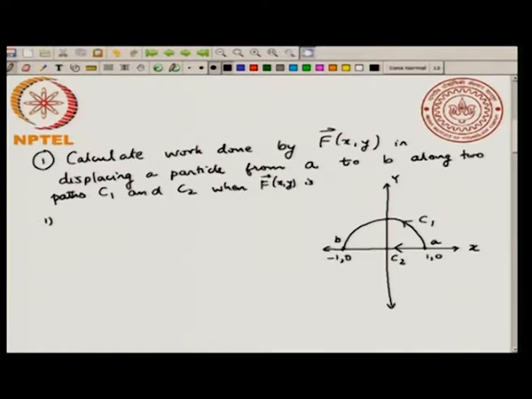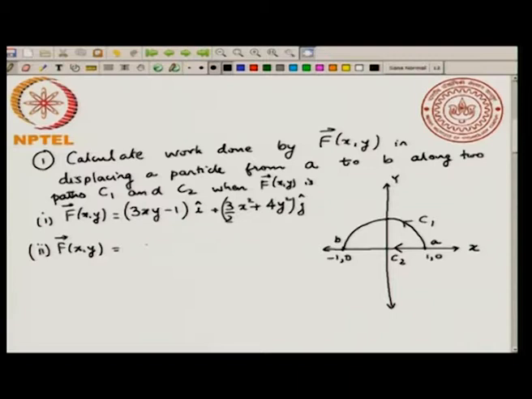In the first case I take f of x y equal to 3 x y minus 1 into I hat plus 3 by 2 x square plus 4 y square into j hat, and in the second case the force is given by xy times I minus x square times j.